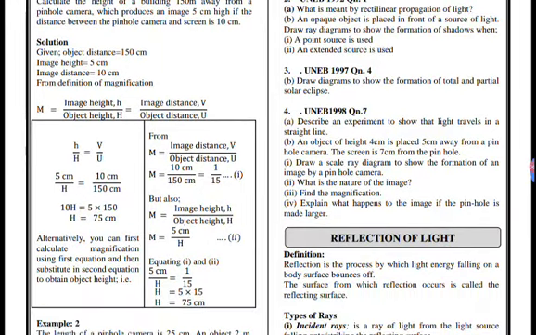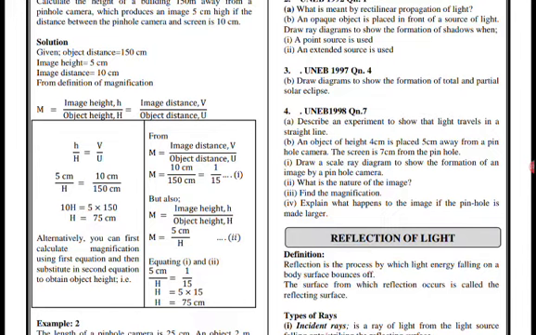Therefore, small h over capital H equals capital V over capital U. So you substitute 5 divided by H, because we are looking for the object height, equals 10 over 150. Then you cross multiply and get H as 75 centimeters. So that is it, and that is how we can calculate.